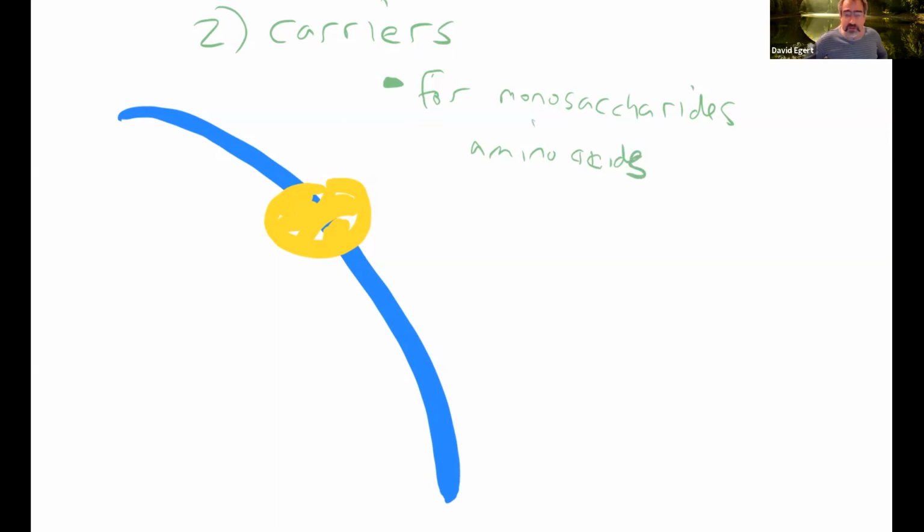Rather than being just a tunnel, carriers are more like a revolving door. So for instance, let's say you have a glucose. It doesn't just go through a tunnel and end up on the other side. It binds here, and then this protein has a conformational change and spits it out the other side.